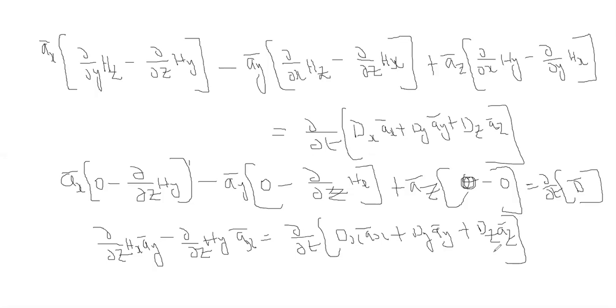There is no z in the left hand side, so there is no need of the Dz az bar ∂/∂t. Whatever Hy is there, it is not varying with respect to x. And Hx and Hz are equal to 0, because H is in the y direction.